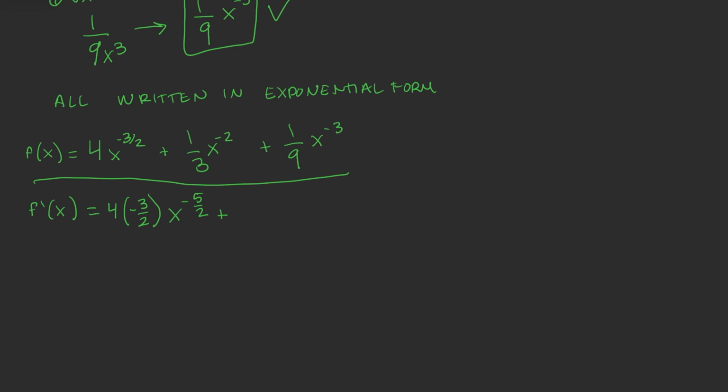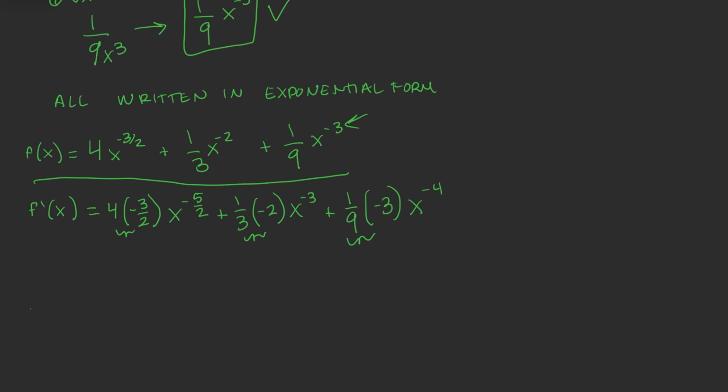And then our second term will have 1/3, bring down the negative 2, x, and then from the original exponent we're going to subtract 1, which would leave us with negative 3, plus 1/9, bring down the negative 3, x to the negative 4th power, because we're subtracting 1 from our original power, which is negative 3. So now we can simplify and multiply these terms together.